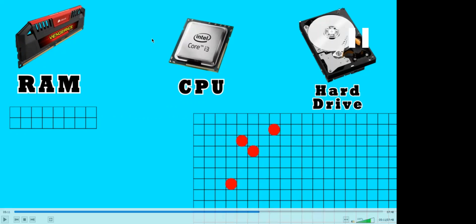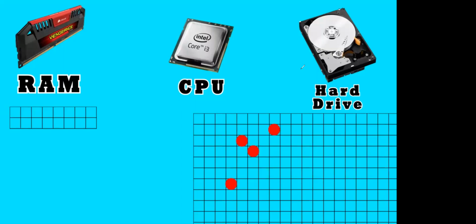Okay. So you have a computer, okay? And in that computer you have RAM and hard drive, as I said. So in hardware you have a video. In order to play that video, you need to go and search for that video and open it, right?